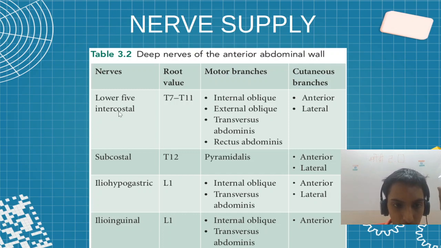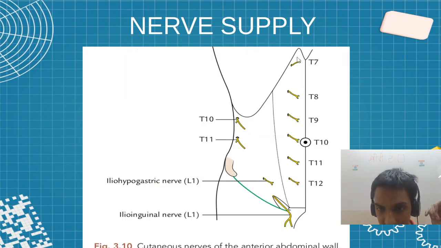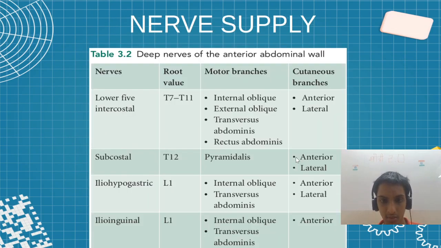So we'll divide into lower 5 intercostal, subcostal, iliohypogastric and ilioinguinal. So lower 5 intercostal we will see, that is the T7 to T11. See now this one. This is the lower 5 intercostal, T7 to T11. Okay.